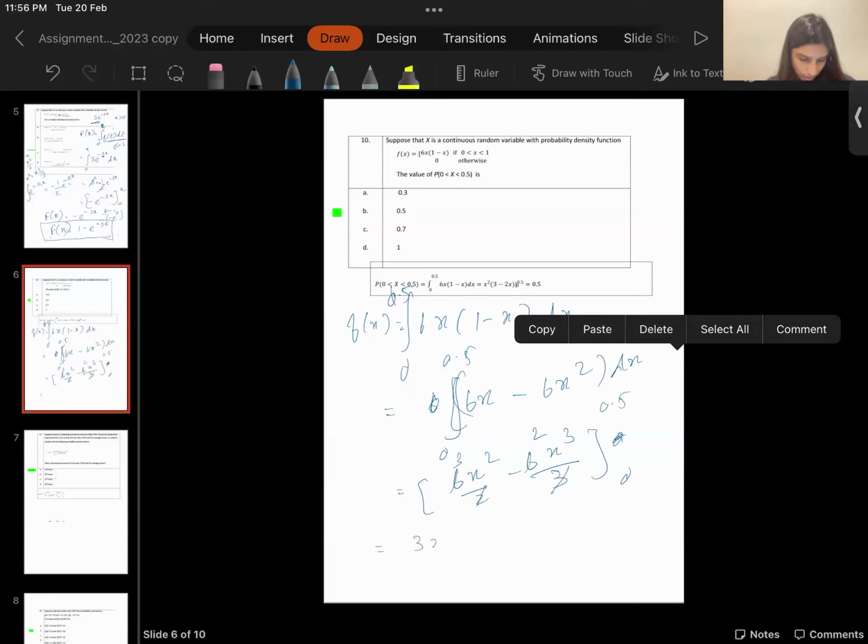So 3x square minus 2x cube, from 0 to 0.5. So now you just have to substitute 3 into 0.5 square minus 2 into 0.5 cube, minus the terms at 0, which all become 0 anyway. So you just need to substitute these values and you will get the answer 0.5.